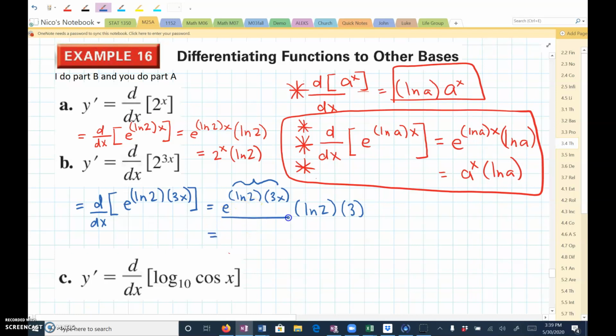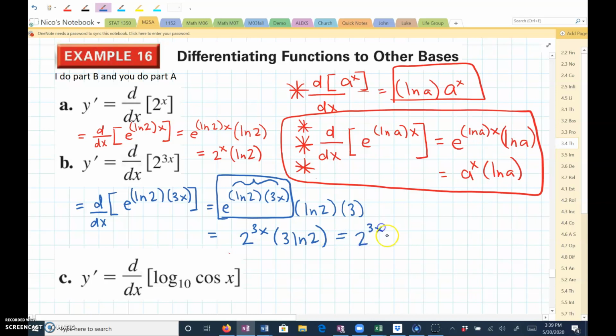And then remember this part here, this would end up becoming 2^(3x) times 3 times the natural log of 2. And then this could become 2^(3x) times the natural log of 2 cubed. And then this would become 2^(3x) times the natural log of 8.